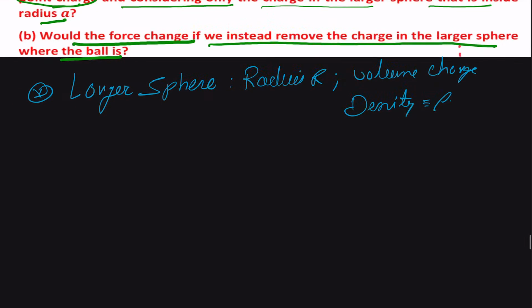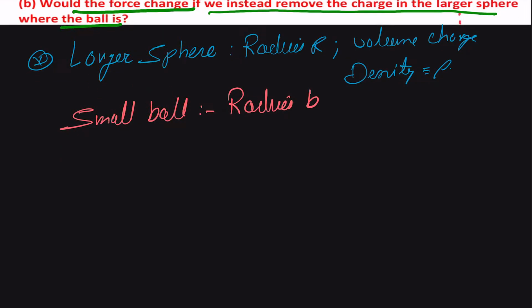Then we have a small ball with radius b. And in this case, we have to remember that the small ball's center is located at a distance a from the center of the larger sphere.